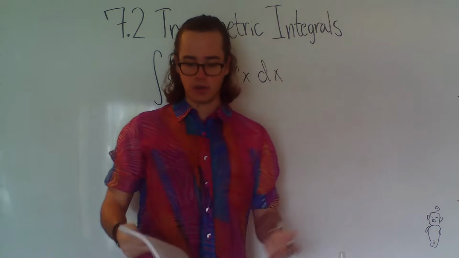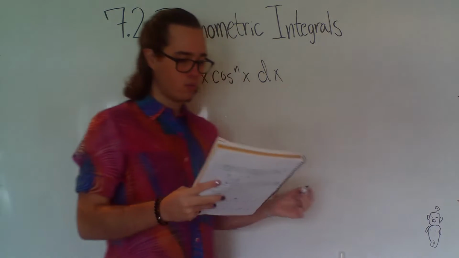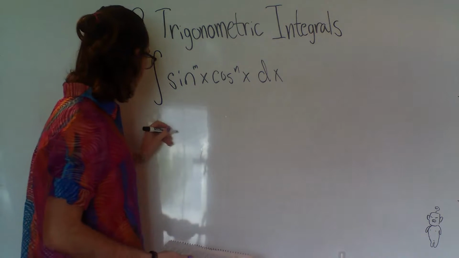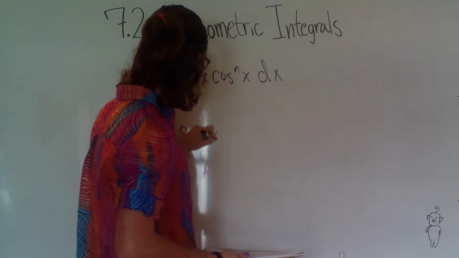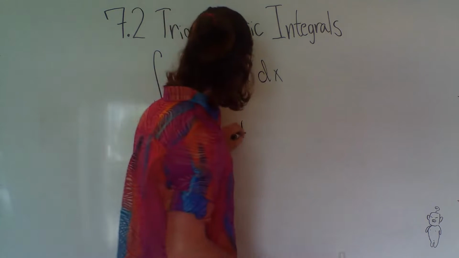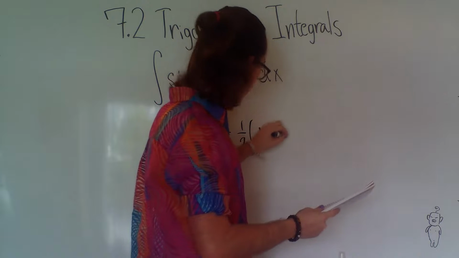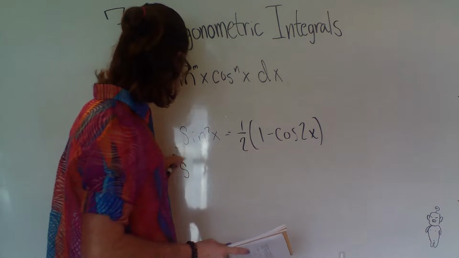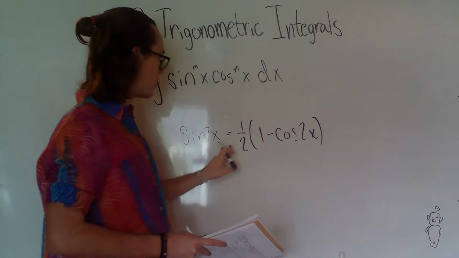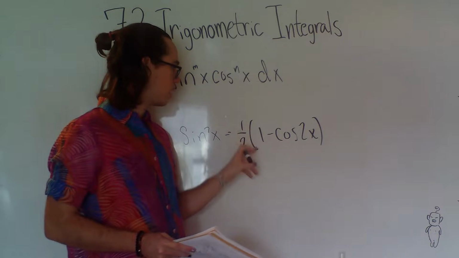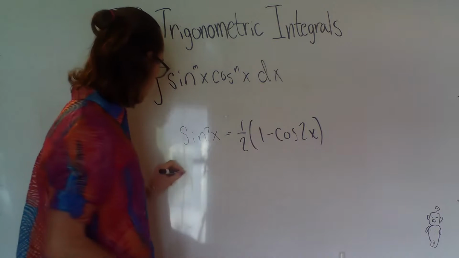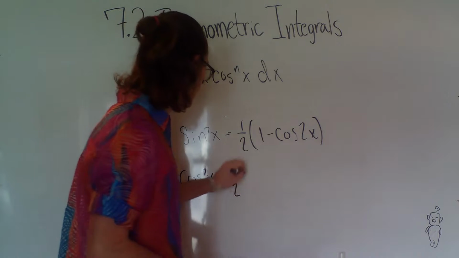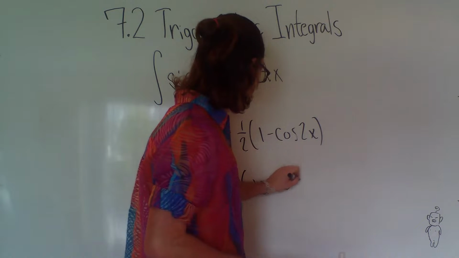And so if both are even, we need to use the half-angle formulas. Sine squared x is equal to 1/2 times 1 minus cosine 2x, and cosine squared x is equal to 1/2 times 1 plus cosine 2x.